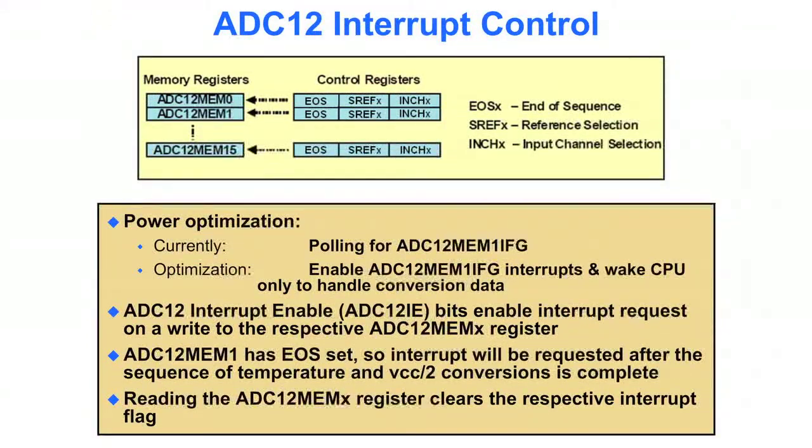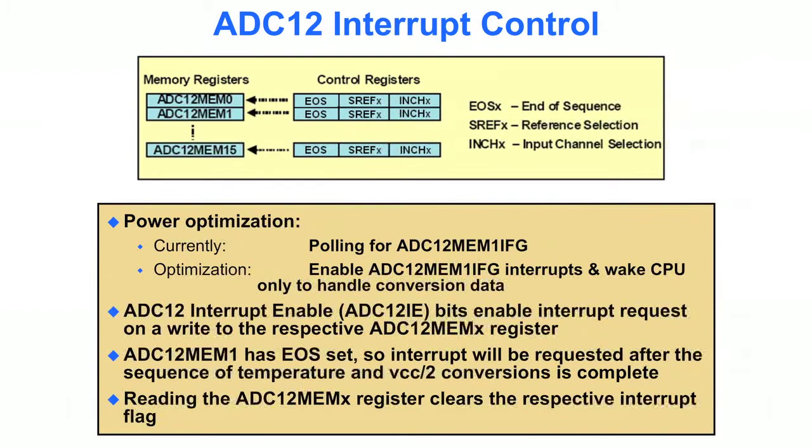We also need to set up the ADC12 interrupt control. The power optimization on the ADC12: currently we're doing polling for the interrupt flag from ADC12 MEM1, after the voltage has been sampled. The optimization is that we're going to enable that interrupt flag so that it actually generates an interrupt to wake up the CPU only to handle the conversion data.